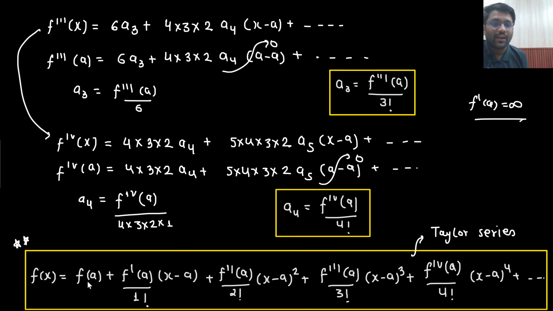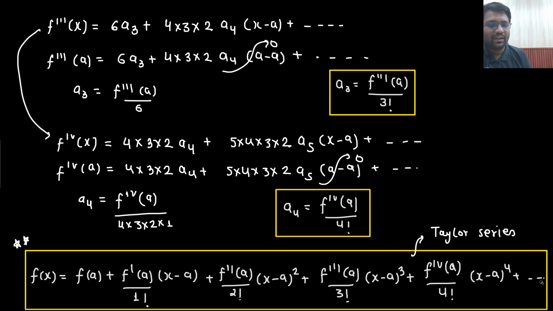No. If my value of f of a is coming out to be infinity, will I be able to define? No. That means f a, f dash a, f double dash a, f triple dash a, f 4 time differentiation at a, that means every differentiation of f(x) at point x equals to a should exist. Is that point clear to you? Every differentiation of f(x) at point x equals to a should exist. If it doesn't exist, then we will not be able to define.